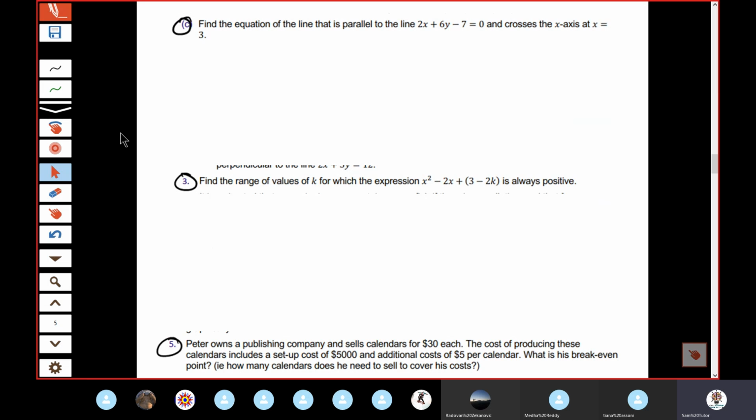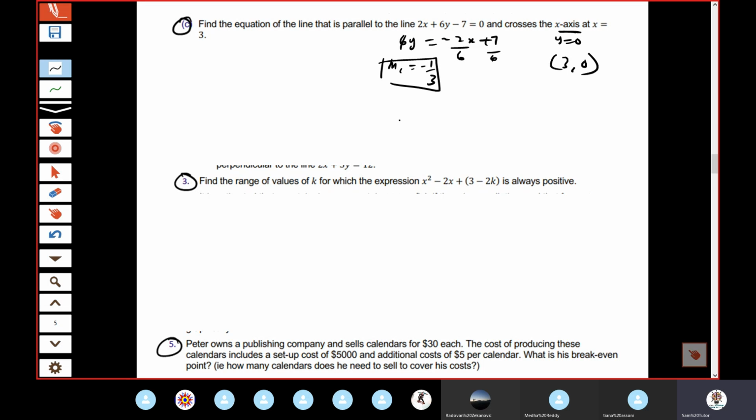Okay, find the equation of the line that is parallel to this. So straight away, I think of y equals mx plus b. So 6y equals negative 2x plus 7, divide by 6, divide by 6. So m1 equals negative a third. And parallel to it is still negative a third. Crosses the x-axis, which means y equals 0 at x equals 3.